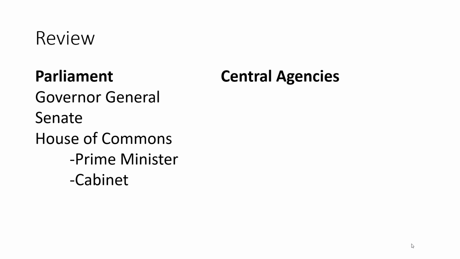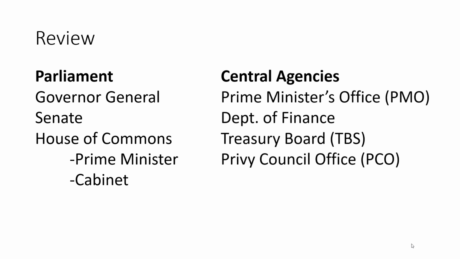We then looked at 4 central agencies inside the public service. The agencies we looked at were the Prime Minister's Office, the Department of Finance, Treasury Board, and the Privy Council Office. We call these central agencies because they have the authority to tell other government departments what to do and help coordinate the activities across government.